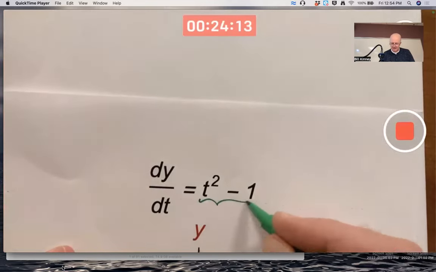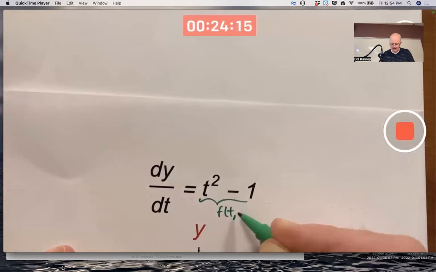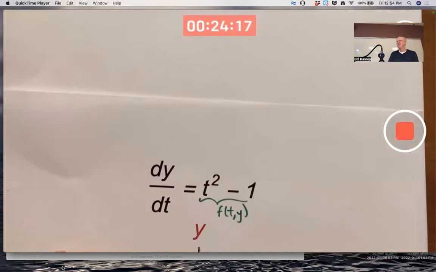The dependence on y is trivial. There is no y. It's okay. Doesn't matter. This is the example we just solved.